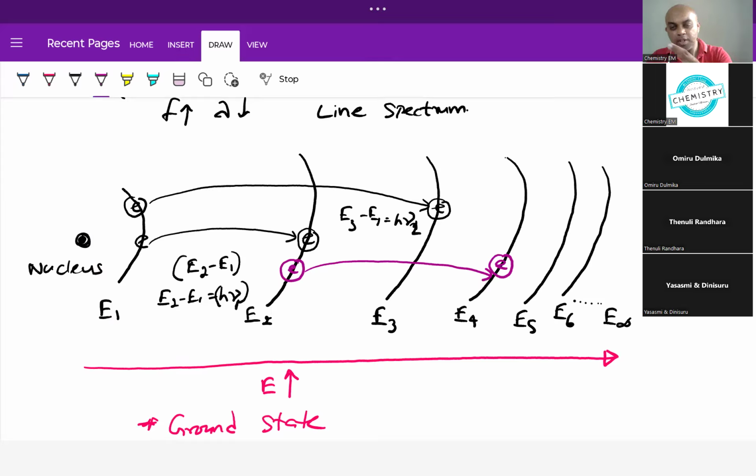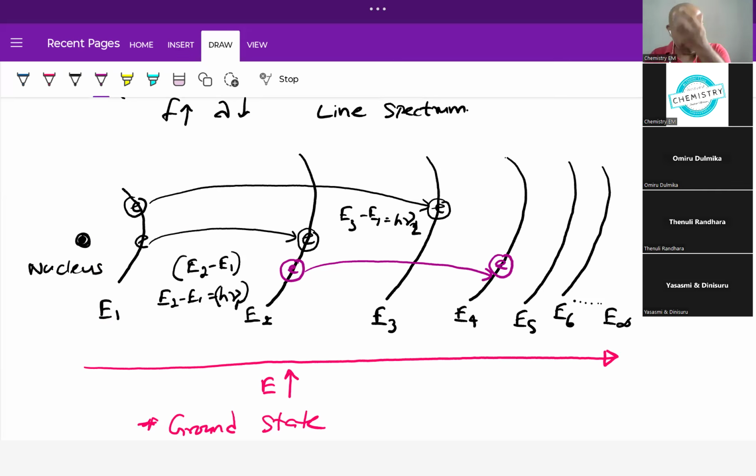It is called the absorption spectrum, right? I told you that in the electromagnetic spectrum, there are some frequencies which we can see and some which we can't see. For example, ultraviolet we can't see, and infrared we can't see.